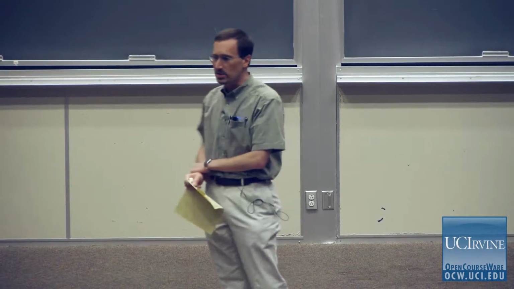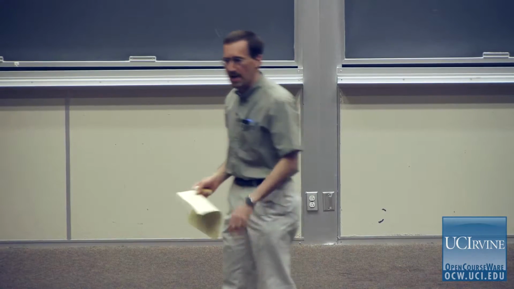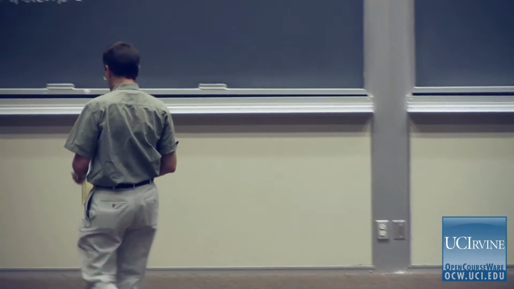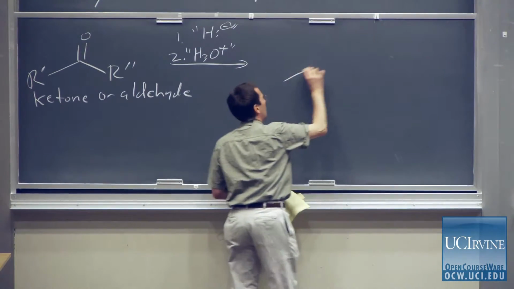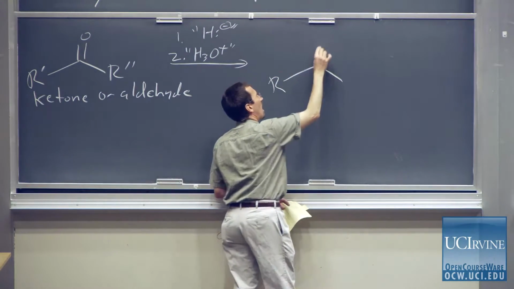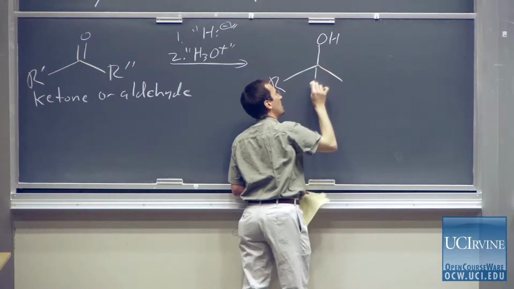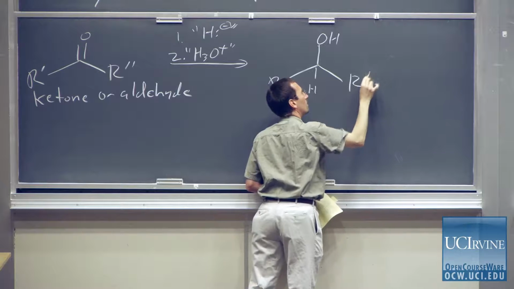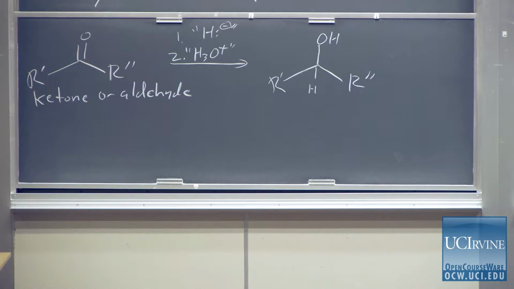You could take HCl in water and make H3O+ and chloride ion. So you'd go to the stockroom and ask for one of those. When you do that, you get a reduction of the ketone or aldehyde and protonation, like so, to give an alcohol.